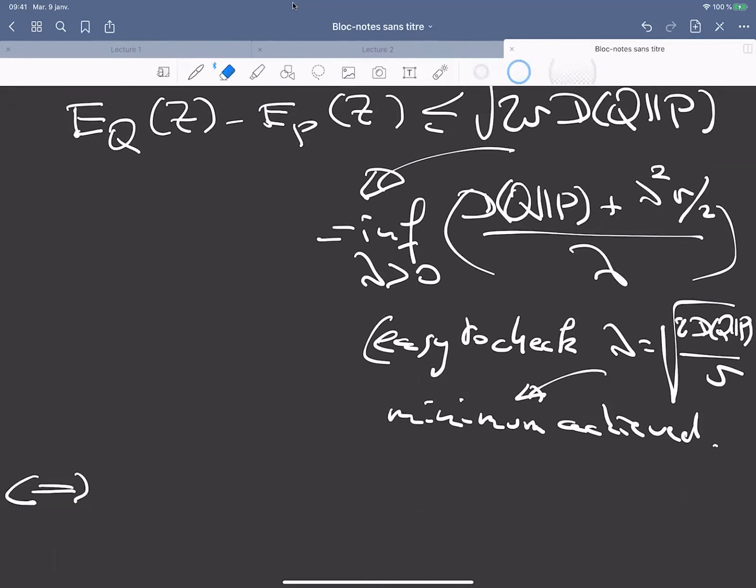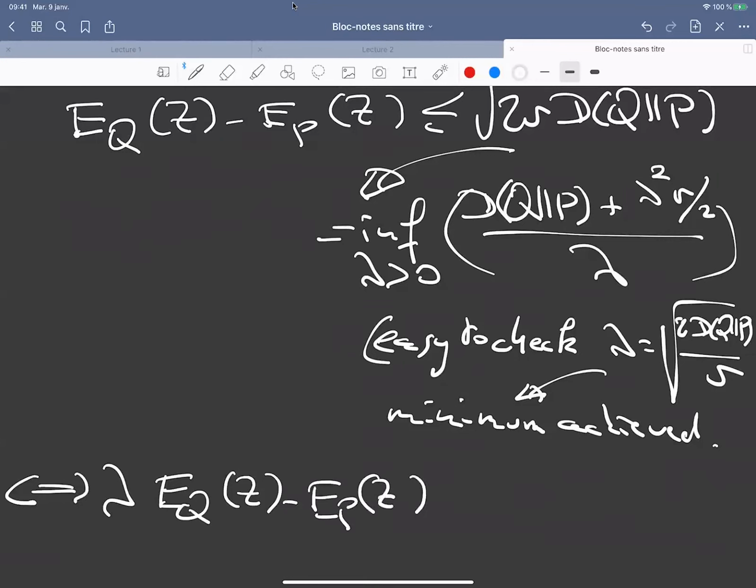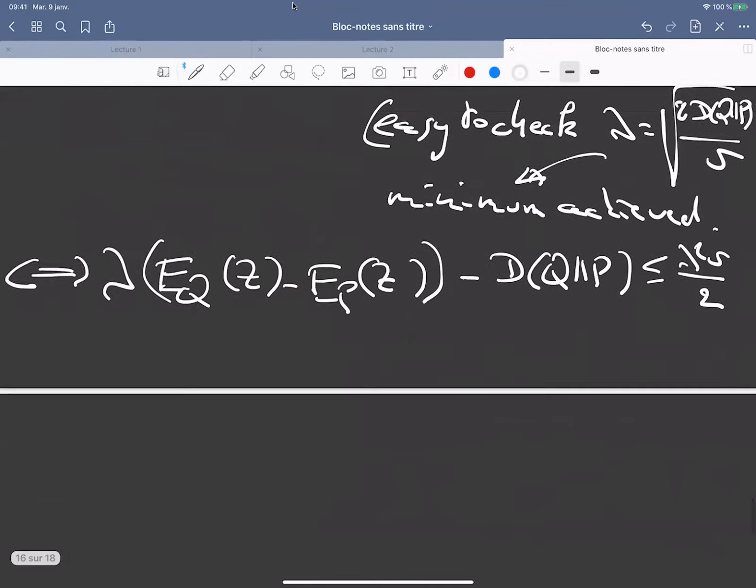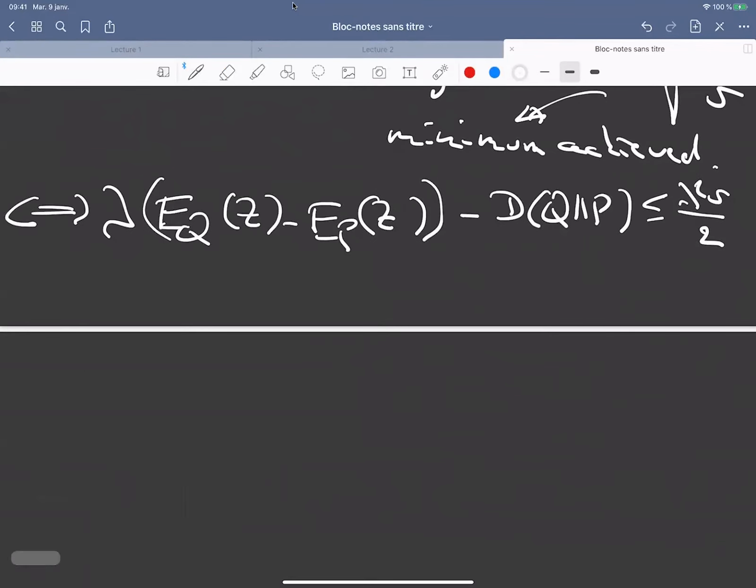So if I multiply by lambda, this tells me that lambda times the expectation of Z under Q minus the expectation of Z here, minus the relative entropy, is less than lambda square V over 2. And this has to be true for all lambda positive and for all Q absolutely continuous with respect to P.